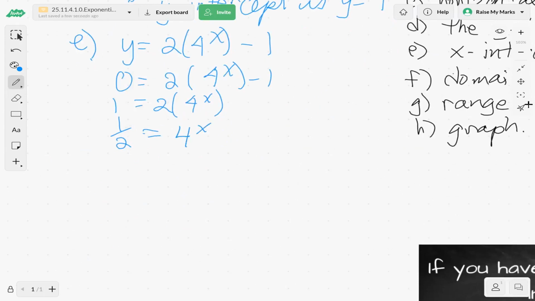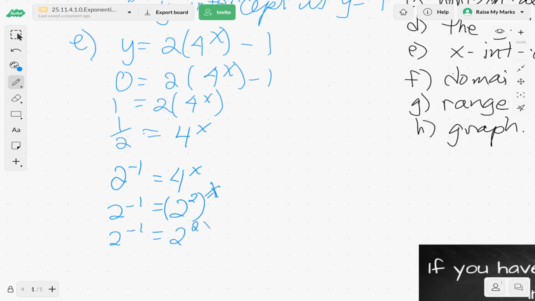Okay. Let's see. Let's write 1/2 as 2 raised to the power negative 1. Now let's take logs of both sides. Or do we need to do that? Actually, we can rewrite 4 as 2 squared, raised to the power x. So we have 2 to the negative 1 equals 2 raised to the power 2x.